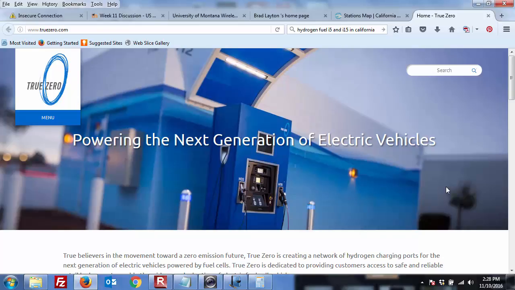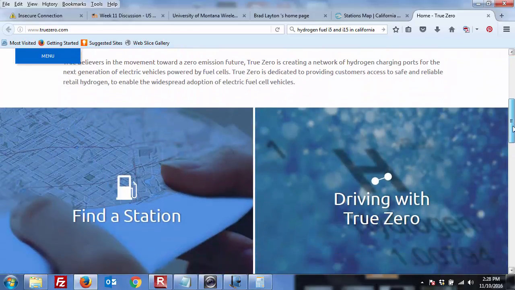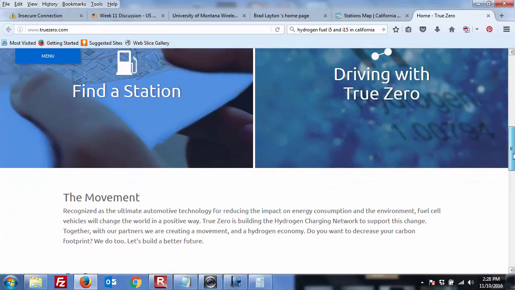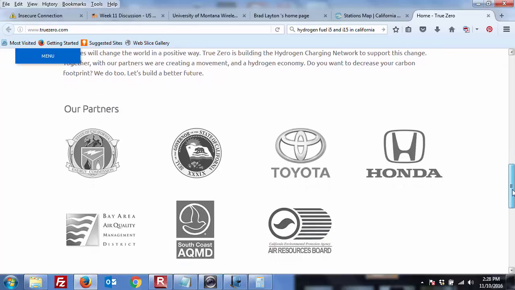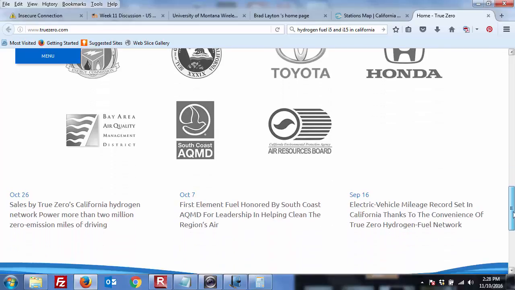Zero. Next Gen Electric Vehicles. There's some partners, State of California. It's pretty good. 2 million zero emissions driving.